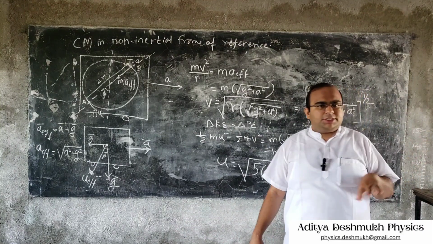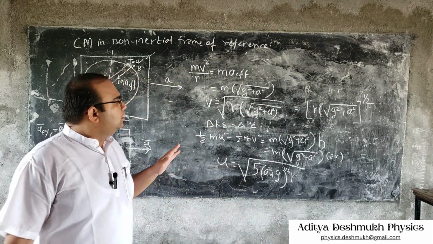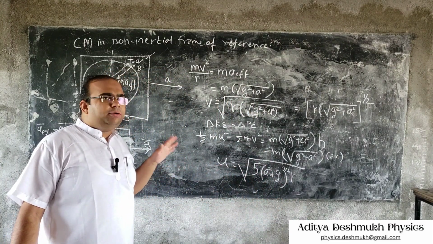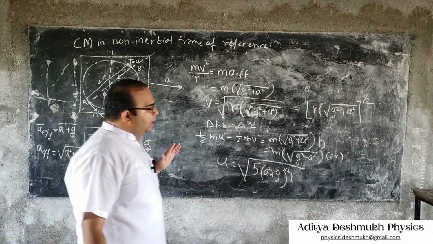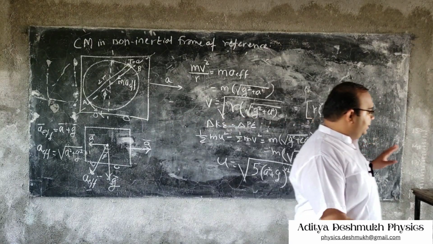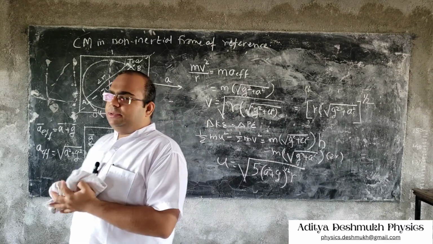I think we have finished all of the parts in circular motion. We have to do some numericals, don't worry. If there is something missing, I will definitely take it. Don't worry, you won't miss a thing.